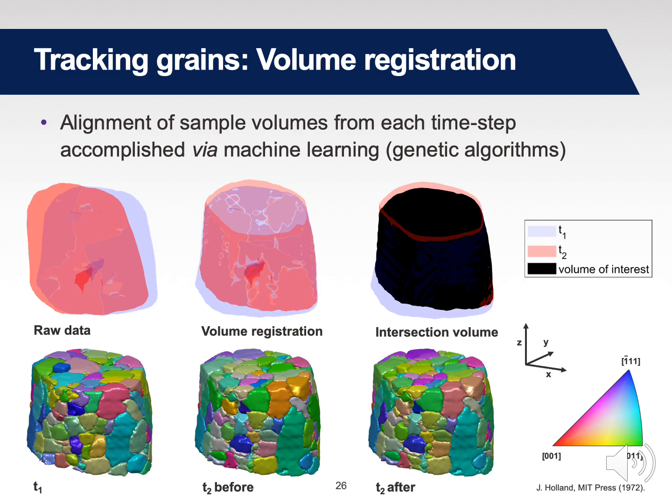So once we find the optimal transformation matrix through a genetic-based approach, which I won't talk about further, we find through this approach a fully affine transformation, which accounts for 6 degrees of freedom in translation and in rotation altogether. And it allows us to identify this intersection volume, this section of the sample that is common to two different time steps. So we do this for all of our time steps, but that isn't all.